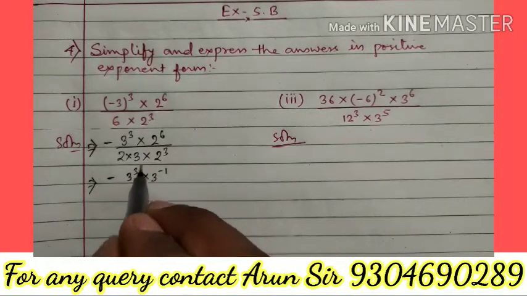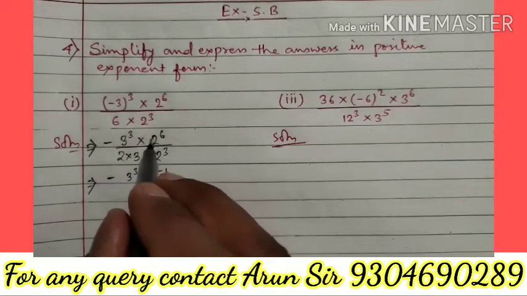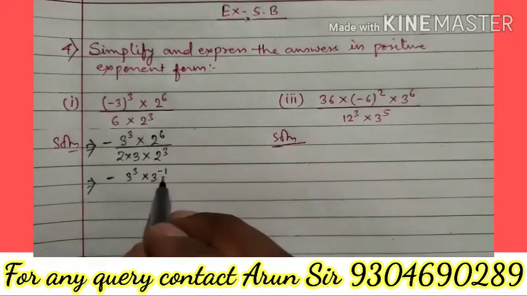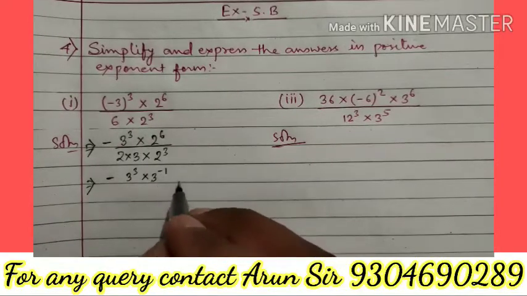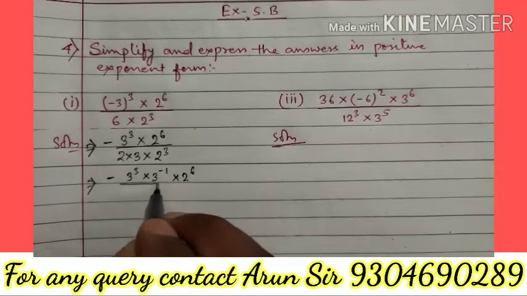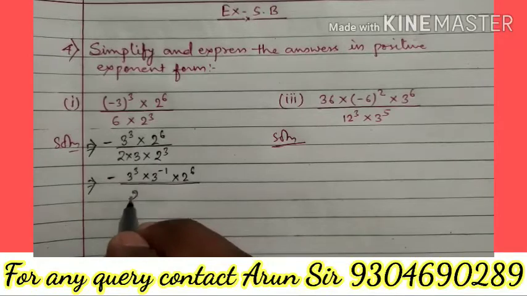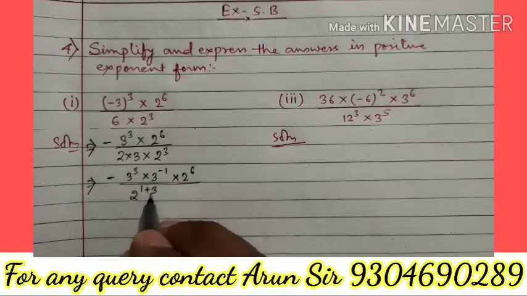We have brought this 3 to the numerator, that's why the power is changed to negative. Similarly, 2 to the power 6 divided by 2 and 2, the base is the same, so the powers will be added, 2 to the power 1 plus 3.